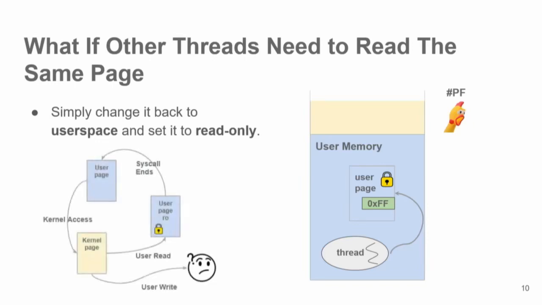So during the whole time, from the first time a syscall references the user page until the current syscall ends, the page is protected either by putting it into kernel space or by putting it in user space with read-only permission. So the whole time we protect this page from other threads overwriting it.